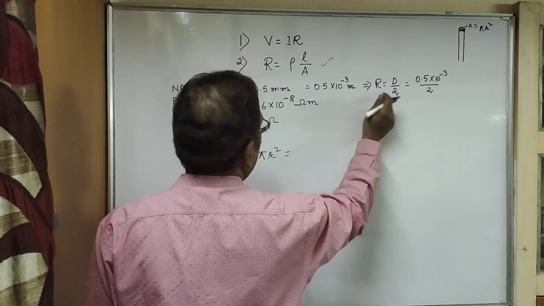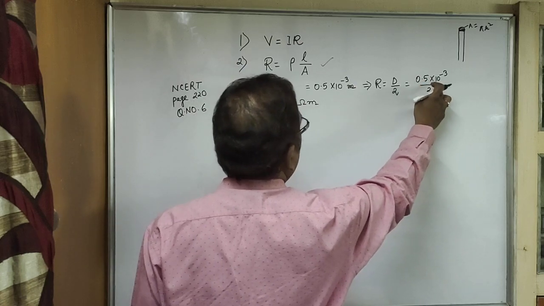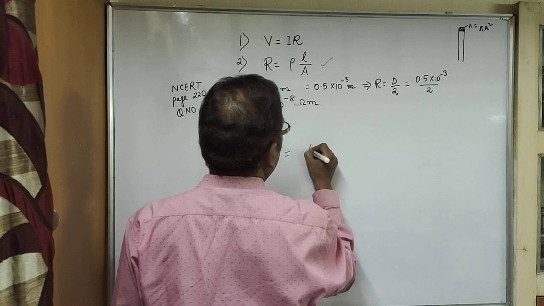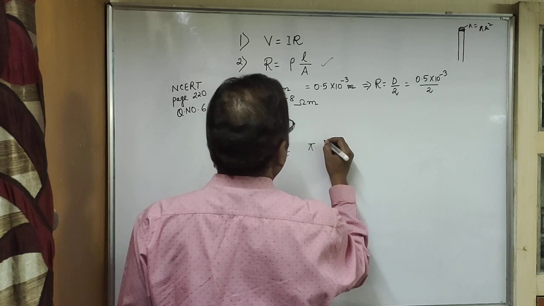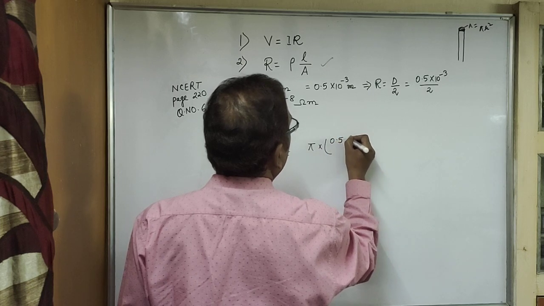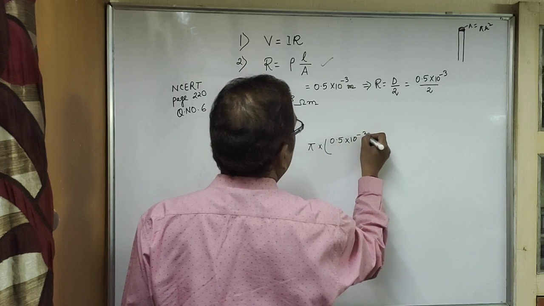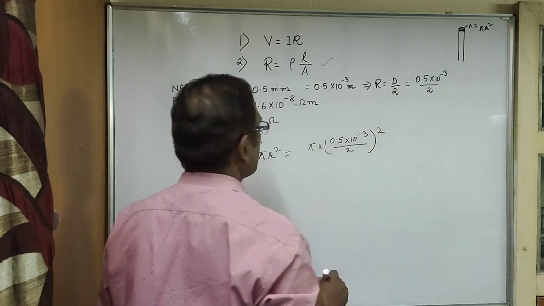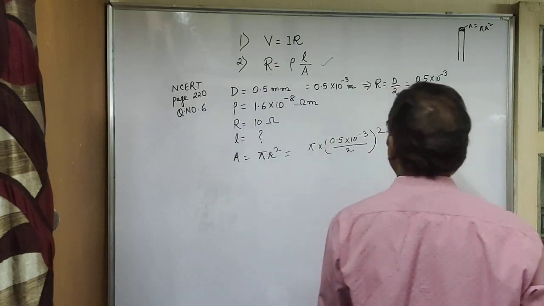So r is 0.5 into 10 to the power minus 3 by 2. So we will write pi into 0.5 into 10 to the power minus 3 by 2 whole square. So this is area.